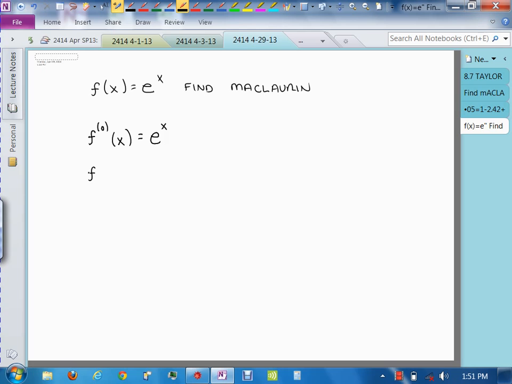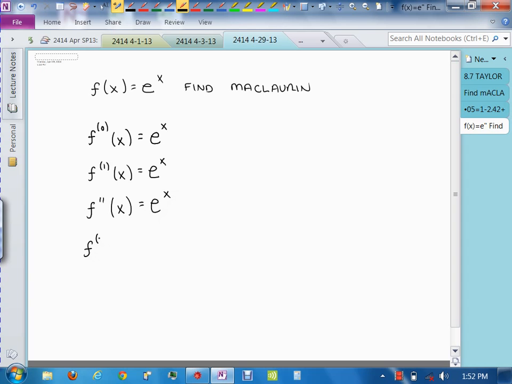What's the first derivative of e to the x? E to the x, itself. What's the second derivative of e to the x? I'm changing my notation up here, sorry. E to the x again, this is boring. What's the third derivative? You're stuck? Too late to drop the class, sorry. E to the x again. So this just keeps going, right?